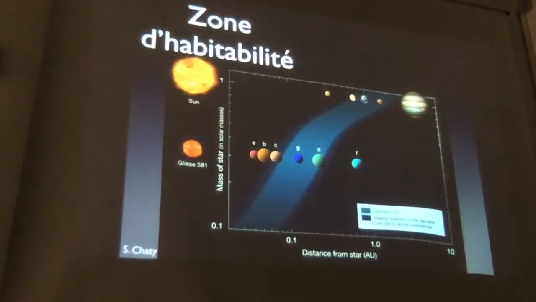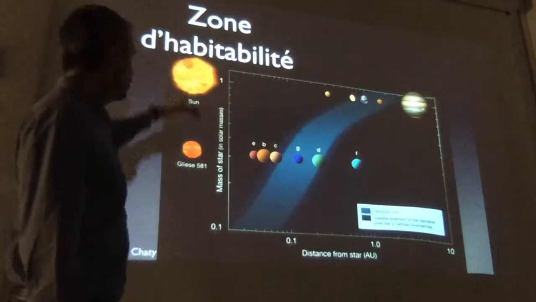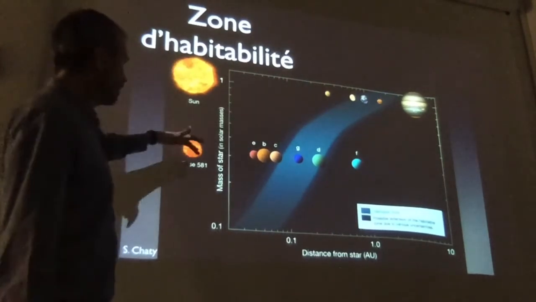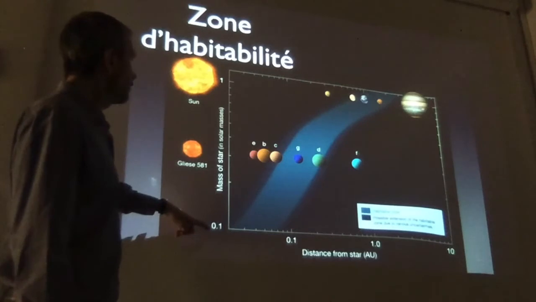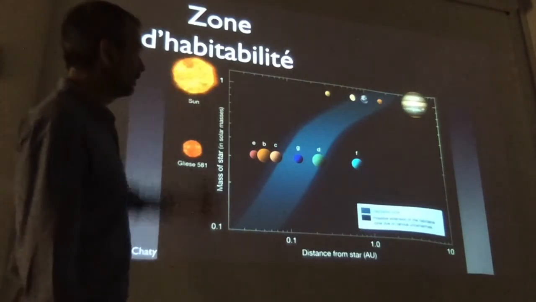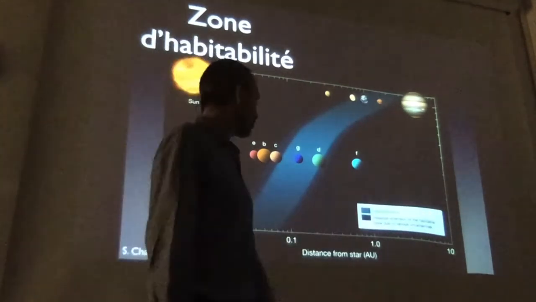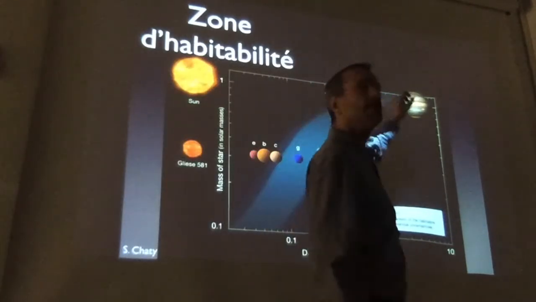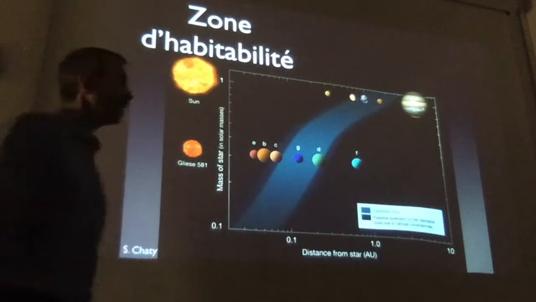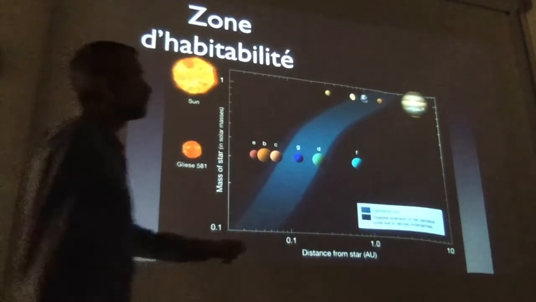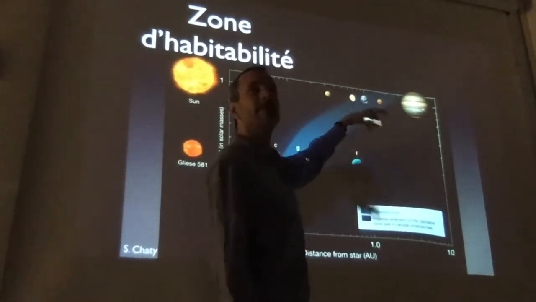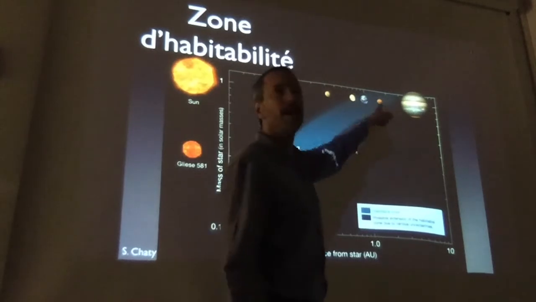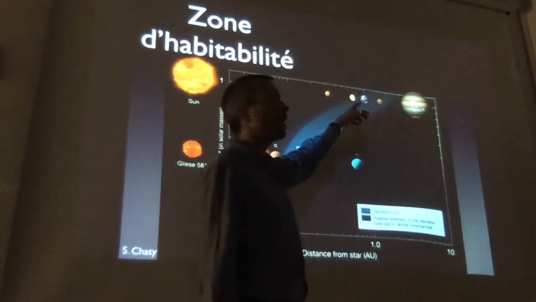And so if you take, this is for the Sun and one of the stars, this is 581, this is 0.1 the mass of the star, this is 1 solar mass, and this is the distance in astronomical units, and you see that the habitability zone is evolving according to the mass of the star. Habitability zone in our solar system is nearly between Venus and Mars, which is quite nice because we are inside.